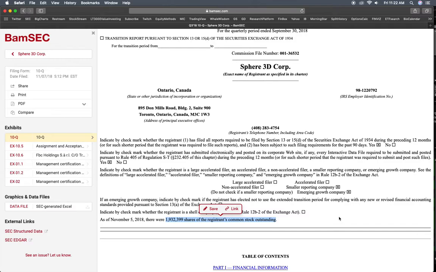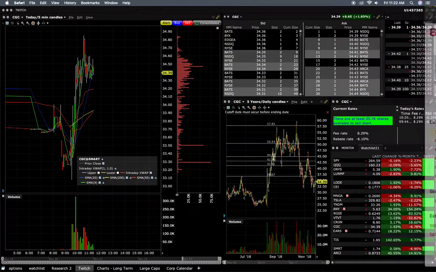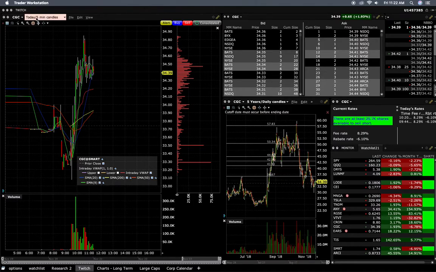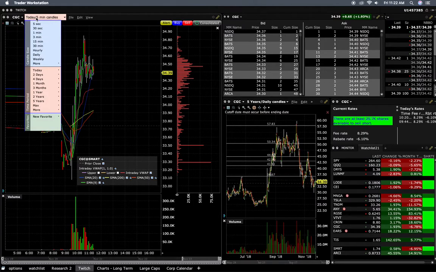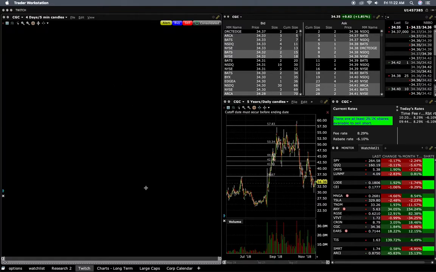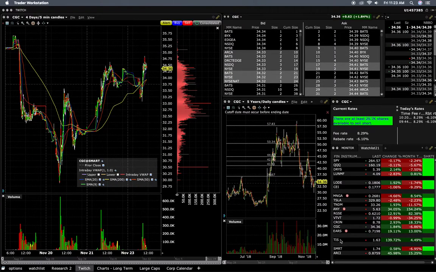So I use common shares outstanding. The lower the common shares outstanding, the easier I know it is for the company to have a move. Let me pull up the chart of ANY. Let's see here. Let's look at the 4-day chart. I know this just had a really big move, so I'm going to use it.